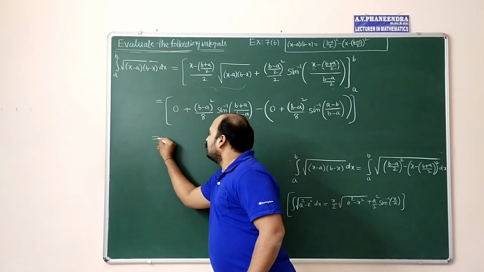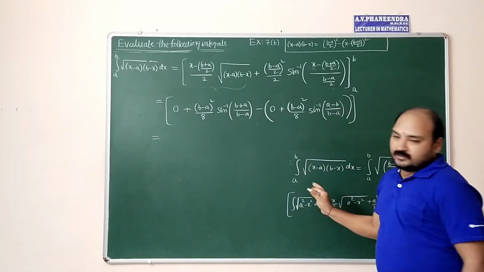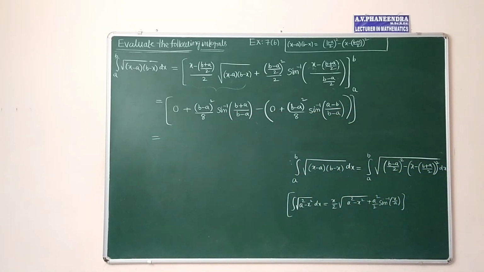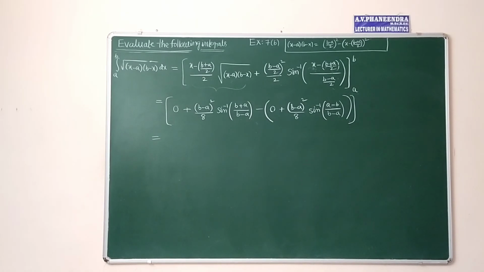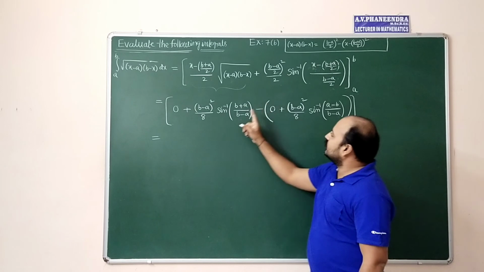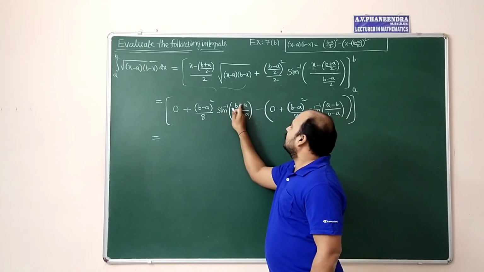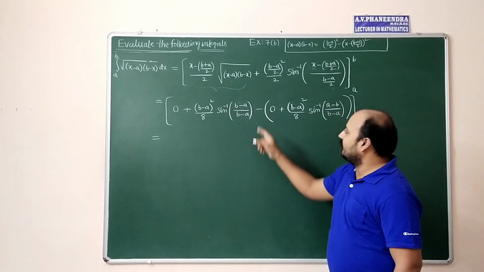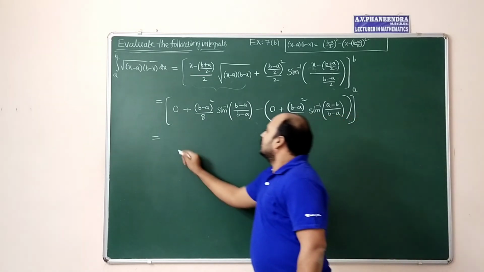Now, which is equal to, here I will correct it. Even here also, whenever it is plus, no? So here also you will get it as minus. Previously I wrote plus here, now it is correct, b minus a.